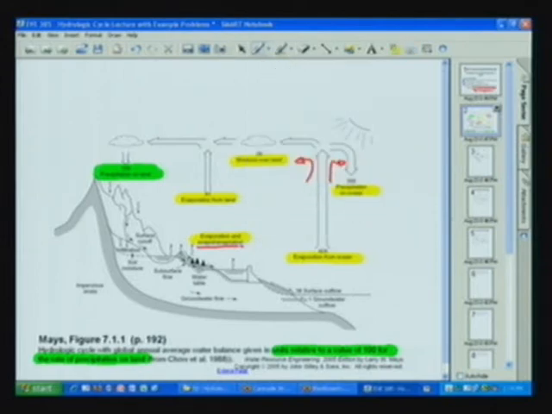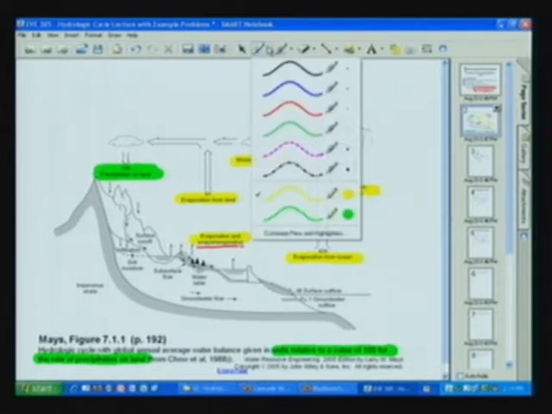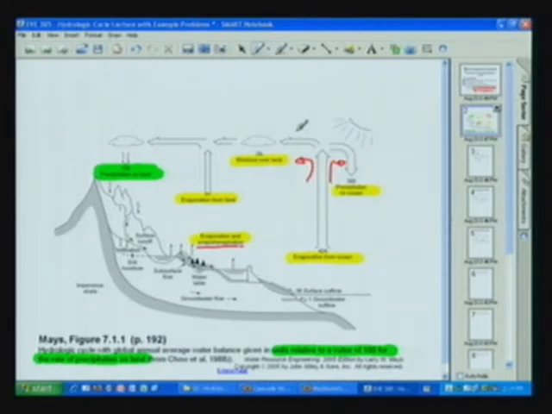And then he has an important one here for us. This will be one of the big things we're going to look at, this surface outflow. That's our runoff. He's got groundwater outflow. Sometimes this is called base flow. We're not going to do much with that in this course. We'll probably mention it from time to time.